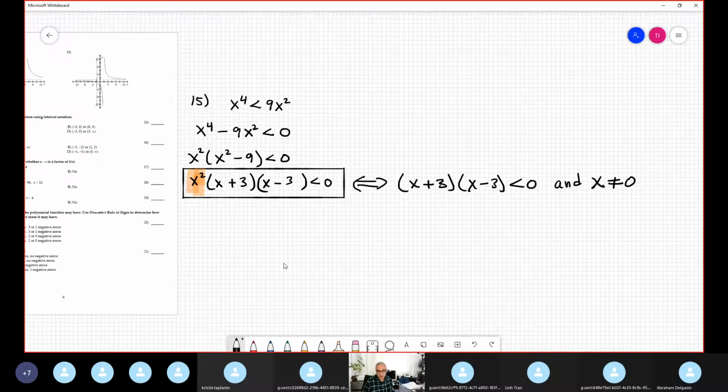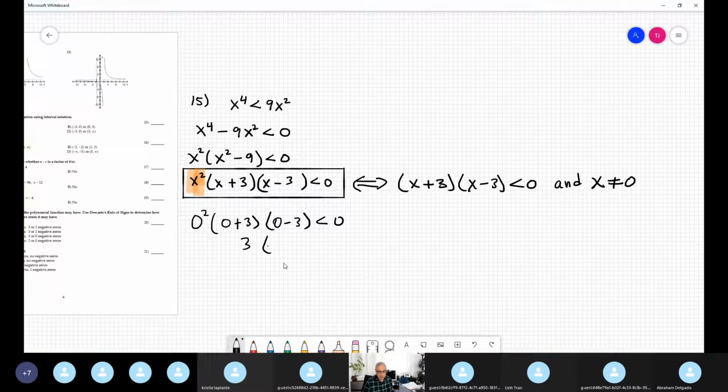But the only detail is that you consider at 0 we have a hole, and the reason is clear. Suppose 0, so you plug in 0 here: 0 squared, 0 plus 3, 0 minus 3, less than 0. It is obvious that this statement is completely false, because this is 3 and this is minus 3, no?